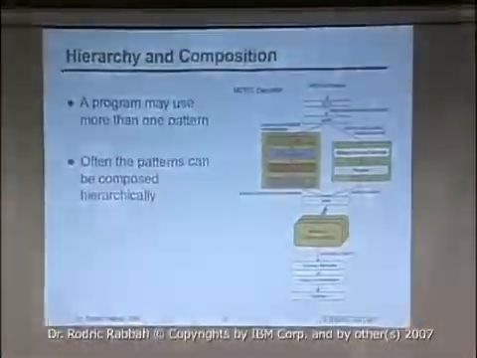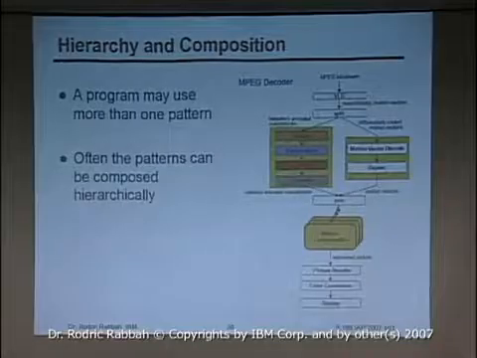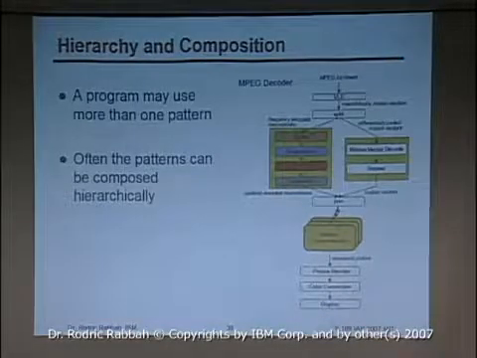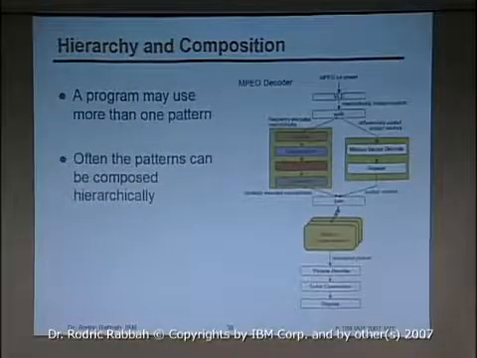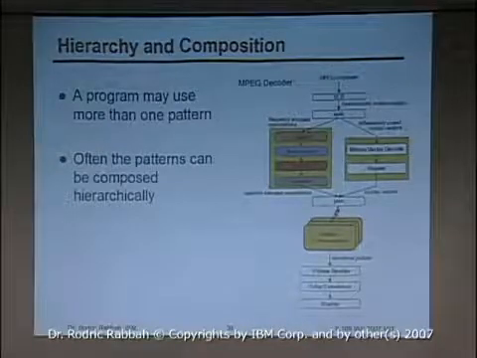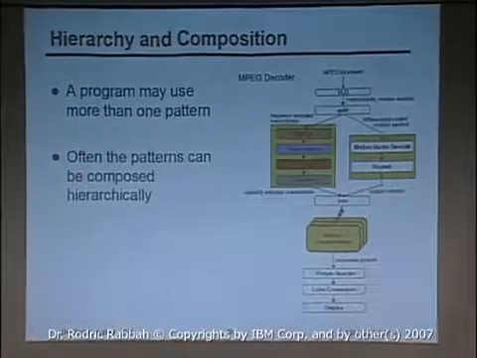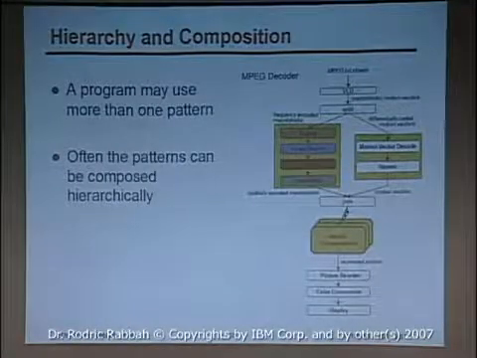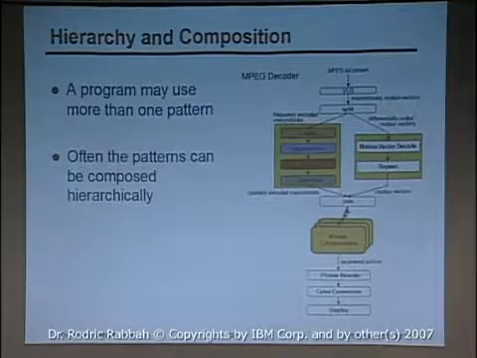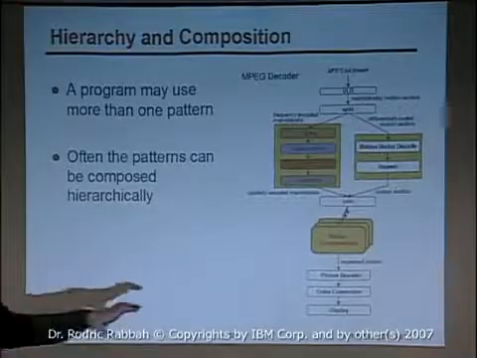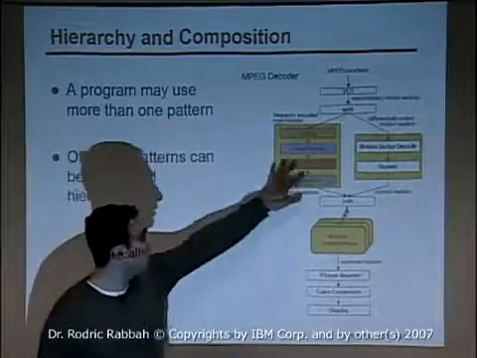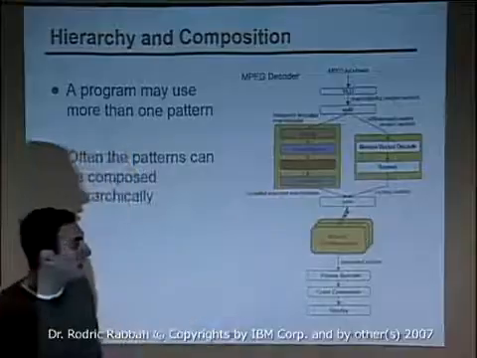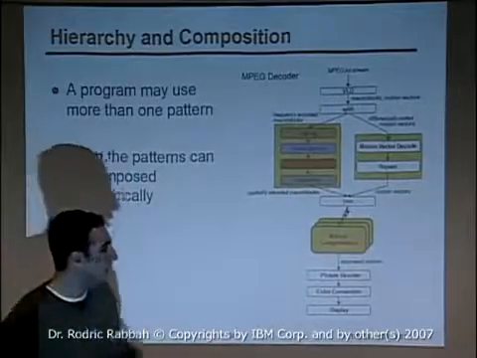So these choices or trade-offs aren't really orthogonal. You can actually combine them in different ways. And in a lot of applications, what you might find is that the different patterns compose hierarchically. And you actually want that in various ways for various reasons. So in the MPEG example, we had tasks, and within each task, I identified some pipeline stages.